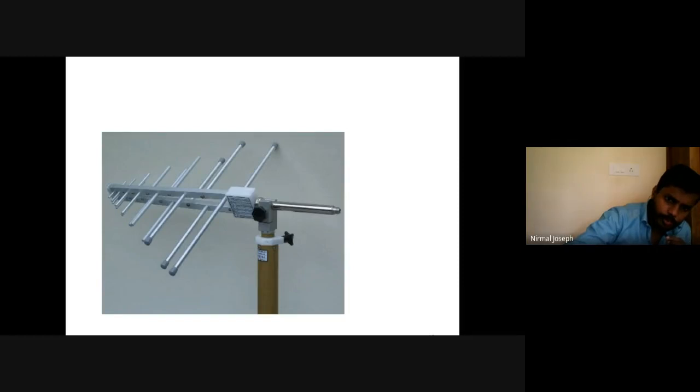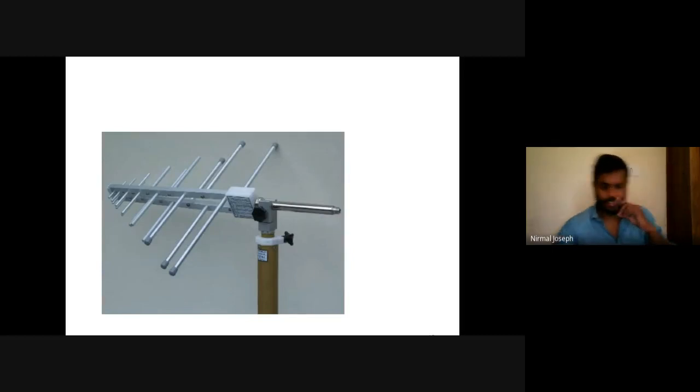The separation between the individual elements also: here they are close, and while coming here, they are far apart. All those characteristics you can see in this image.